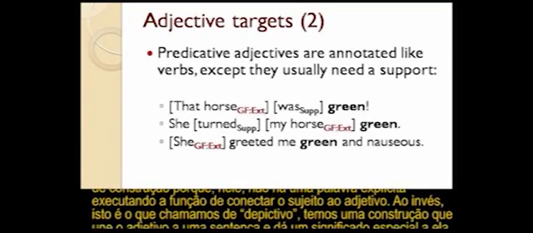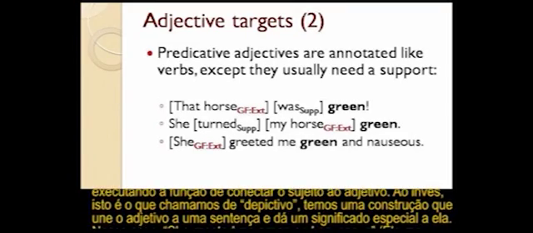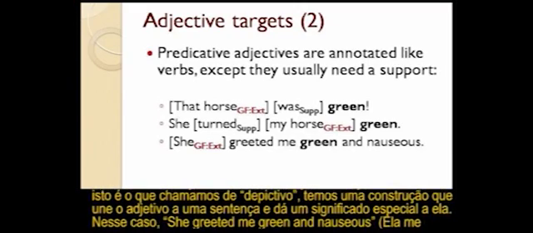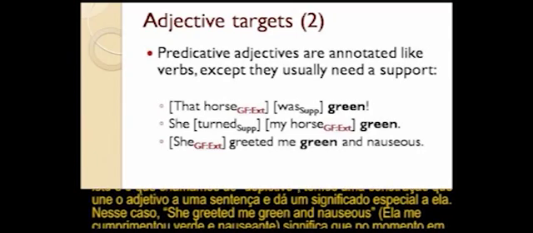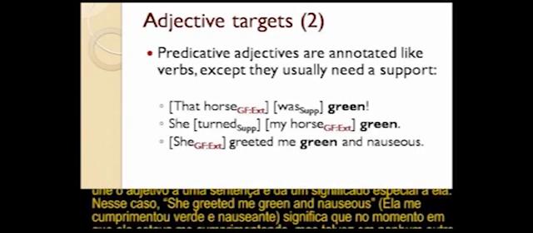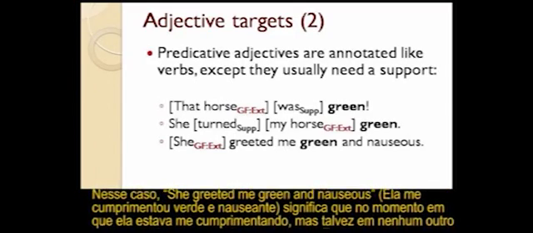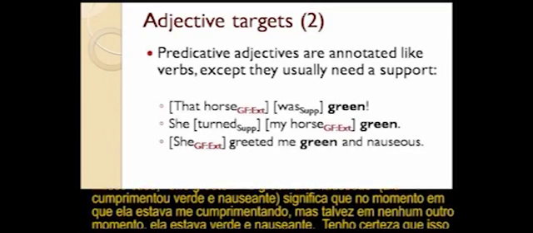Instead, this is what is called a depictive. And there's a construction that puts together adjectives with a sentence and gives a special meaning to it. So in this case, she greeted me green and nauseous means that at the time when she was greeting me, but perhaps no other time, she was green and nauseous.